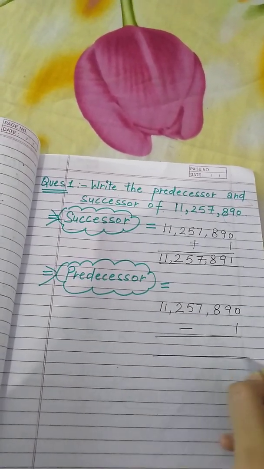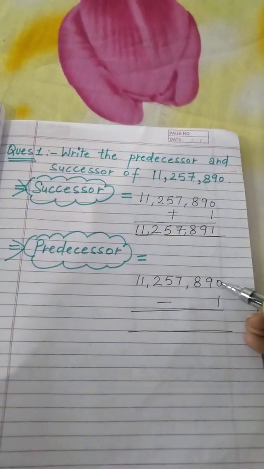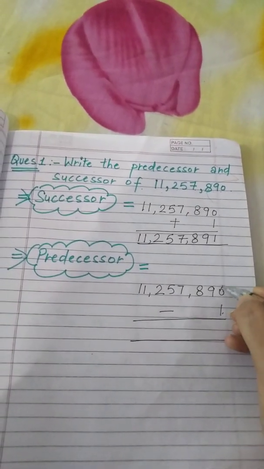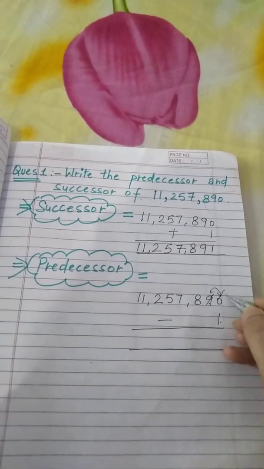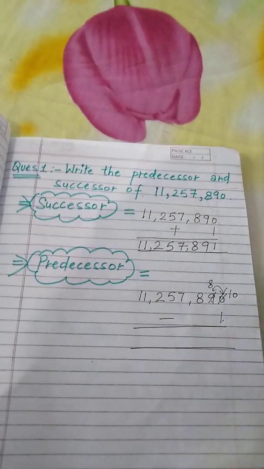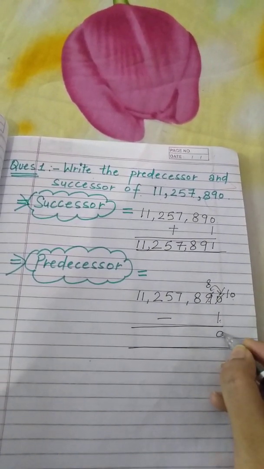Now for predecessor, we will subtract 1 from the given number. And after subtracting, what do we get? Let's check. As we know that we cannot subtract 1 from 0, so we have to borrow 1 from here. So here is 10 and here 8 is left. After subtracting 1 from 10, we'll get 9.